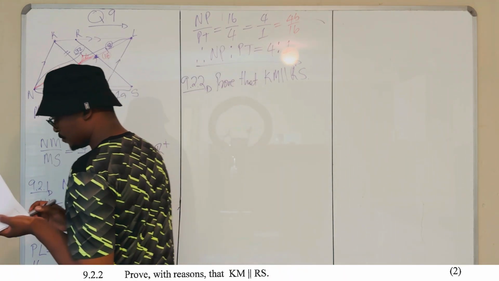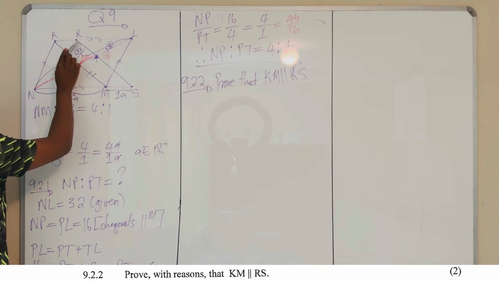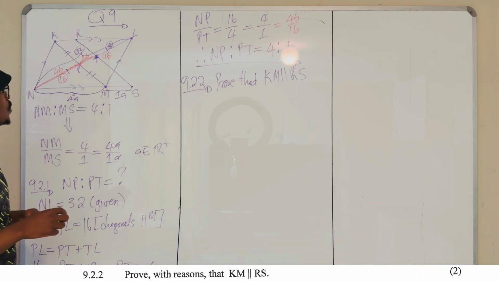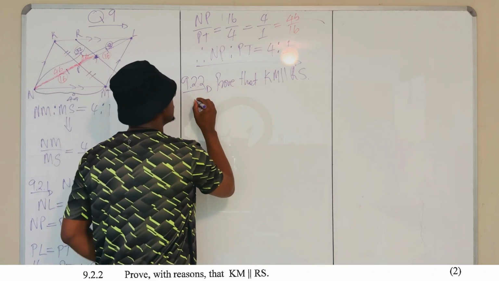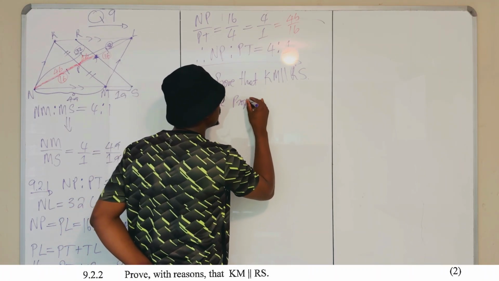Where is KM? KM is this line over here. They're saying it's parallel to RS, right? No problem. So to do this, what you need to remember is the converse of the proportionality theorem.